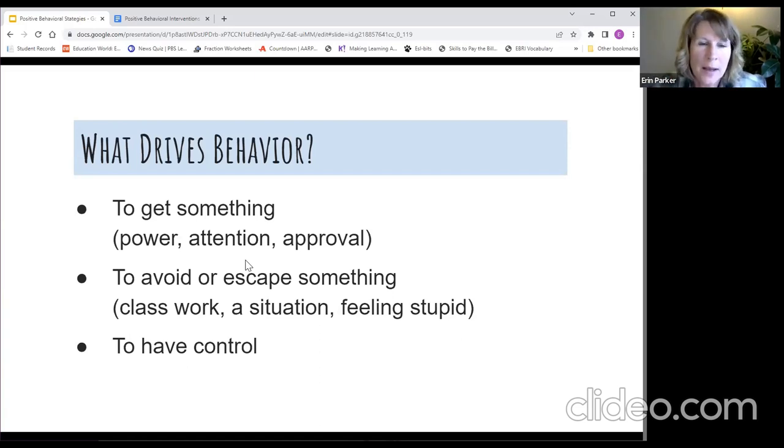It might be to get something: power, attention, approval. It might be to avoid or escape something. It could be classwork, a situation, feeling stupid, which is a strong one, or to have control. So thinking about what's driving that behavior and the underlying causes is really helpful.